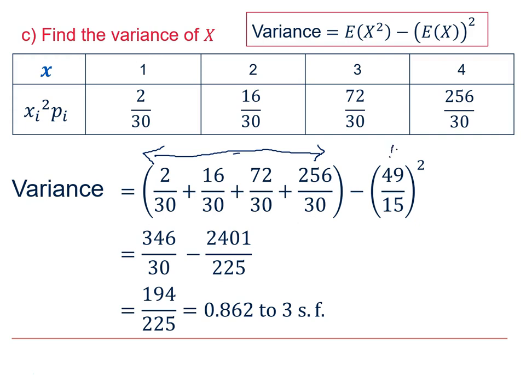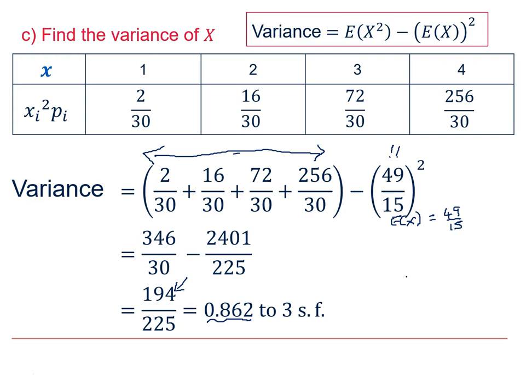And then do remember that you need to subtract the mean squared, and that was our outcome for E of x that we found when we were doing the first part of this example. And then simplifying that, it comes to quite an awkward fraction here. So again, to three significant figures, the variance is 0.862.